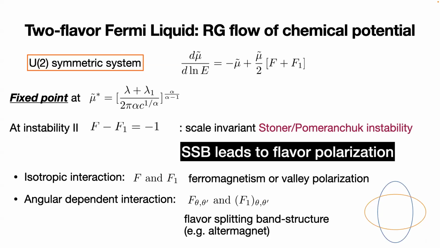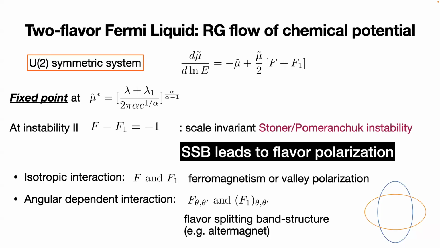Okay, then besides the interaction, we can study the RG flow of the chemical potential as well. Now we can find the fixed point for the chemical potential. Remember the two chemical potentials are the same. So the fixed point is at a rescaled chemical potential at some particular value depending on the summation of the UV interactions, or the interaction representing the overall density.